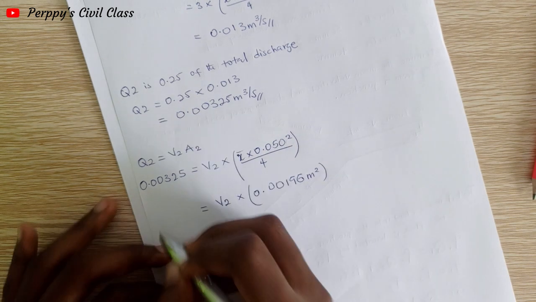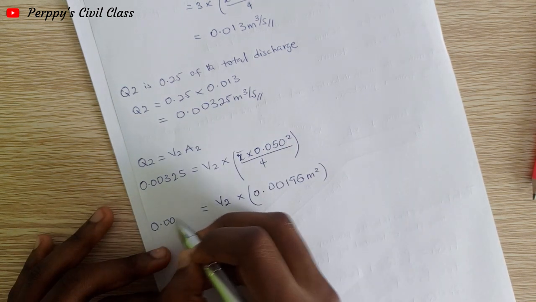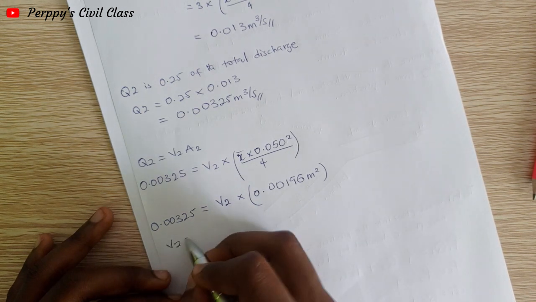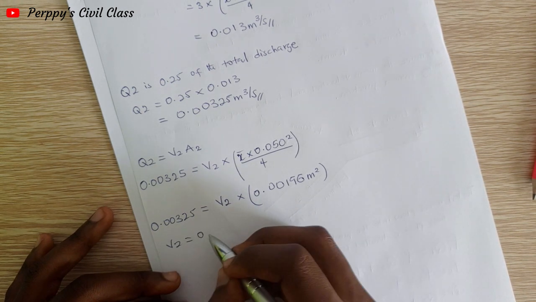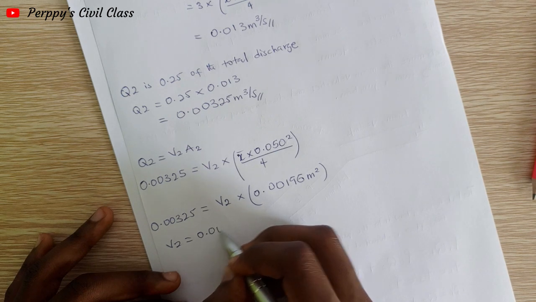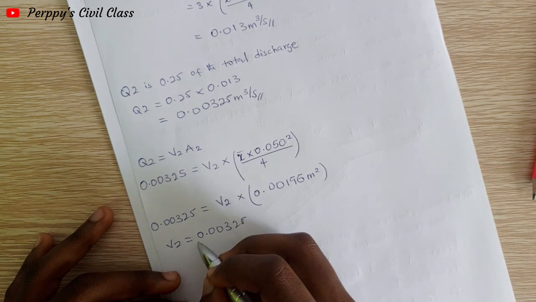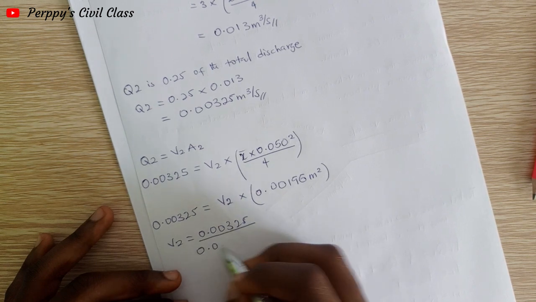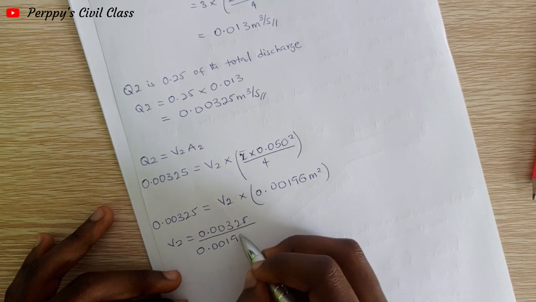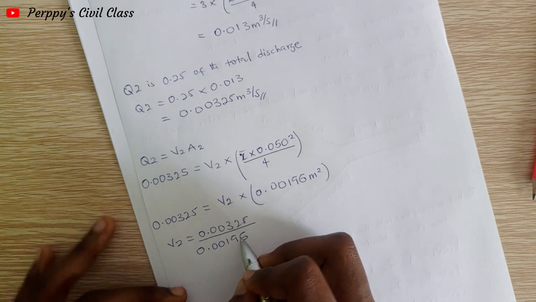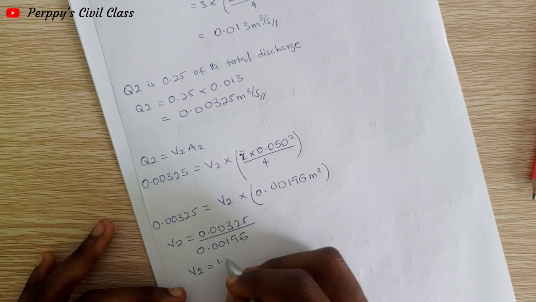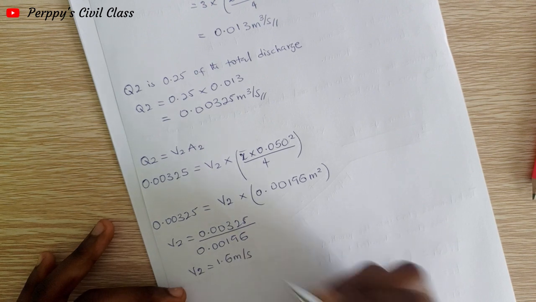We have 0.00325 here. Making V2 the subject, we have 0.00325 divided by 0.00196. Now V2 is equal to 1.6 meters per second.